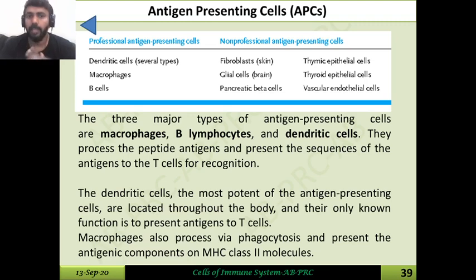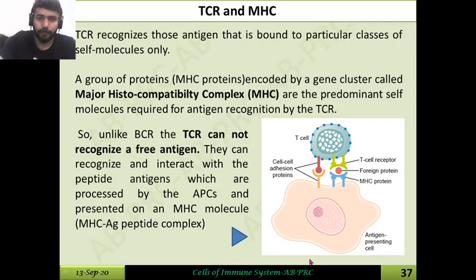Right. There are three major types of antigen presenting cells in the body. They are macrophages, B lymphocytes and dendritic cells. Right. They process the peptide antigens and present the sequences of the antigens to the T cells for recognition. Then further T cells will be activated, and of which the dendritic cells are the most potent APC, and there are many other features also to be discussed about APCs and MHC that we will discuss in detail later.